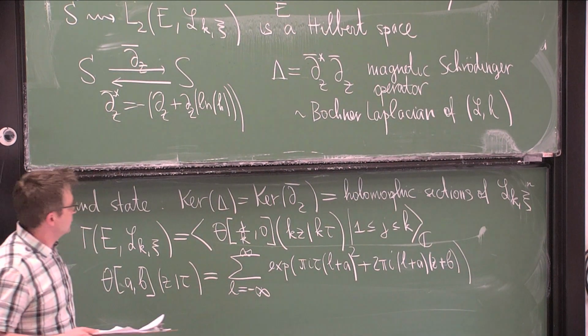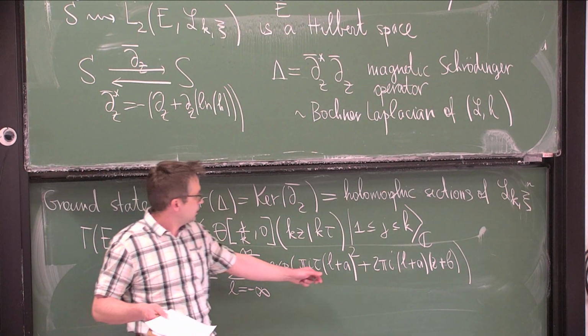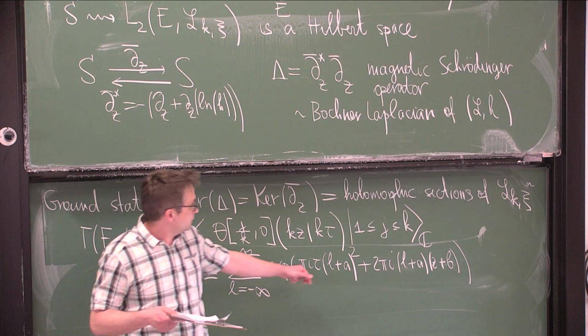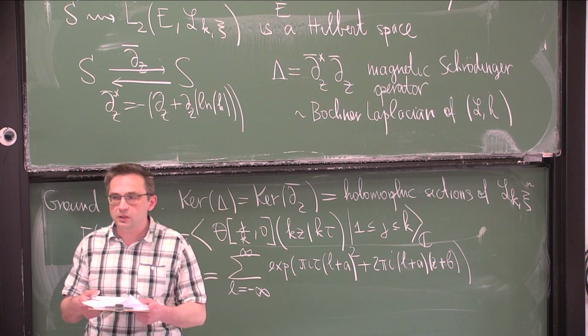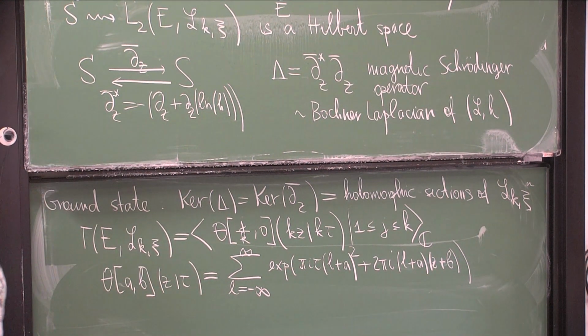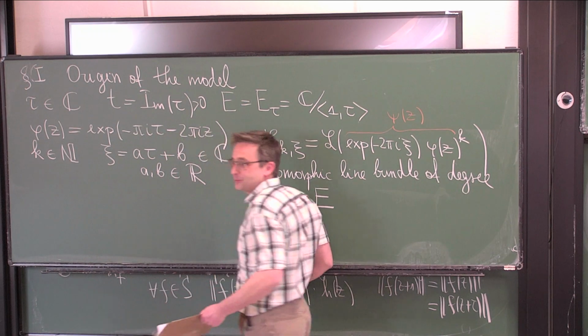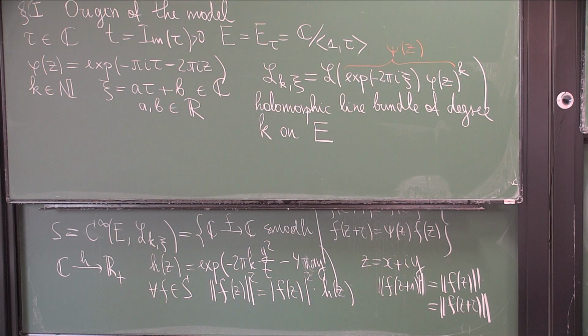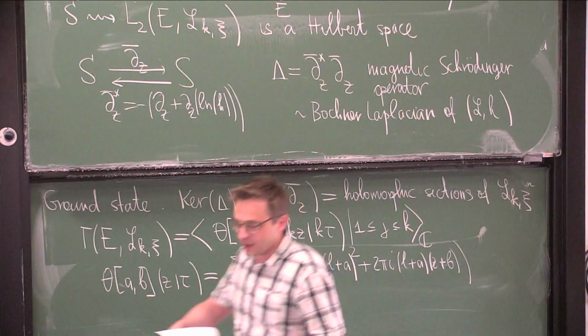The assumption that the imaginary part of tau is positive guarantees convergence of this series. It's one of the reasons why we want this assumption, which I forgot to write, so it's a good opportunity to say it again.